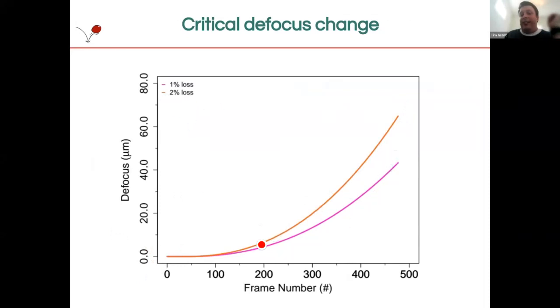So in this case, this is a 1% signal loss, and over the course of 100 electrons per angstrom squared, actually we can get up to 40 micron defocus. And that is far higher than we want to do. We typically only go up to about 10 microns defocus. And so our signal loss should be considerably less than 1%, actually.